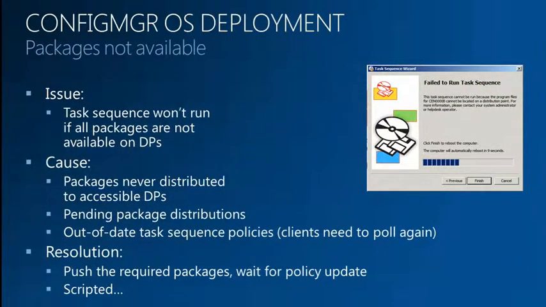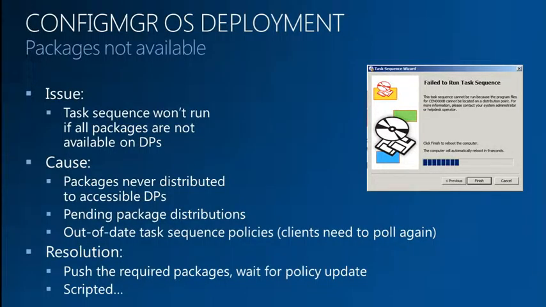Another one is packages aren't available. What you get is you've got your task sequence. Your task sequence refers to, let's say, 20 packages. Things like apps, boot images, that kind of stuff. So we've got all our packages, but we didn't synchronize them all out to the location we're at, the local DP, or we haven't even pushed them all out at all. When we start the deployment, it's going to do the same thing as with the hash mismatch.